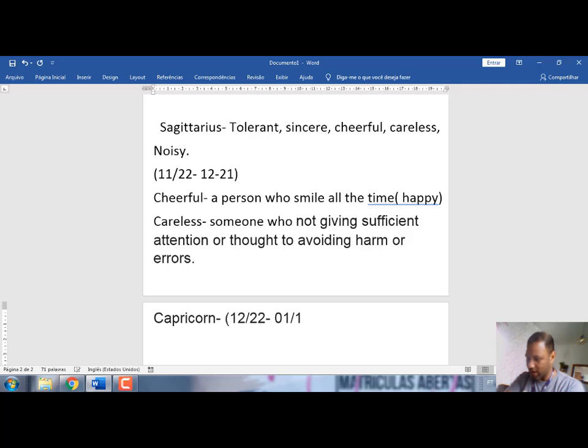So Aquarius, if this person that you know is Aquarius and he is friendly, is he progressive? Is he idealistic? Is this person odd?